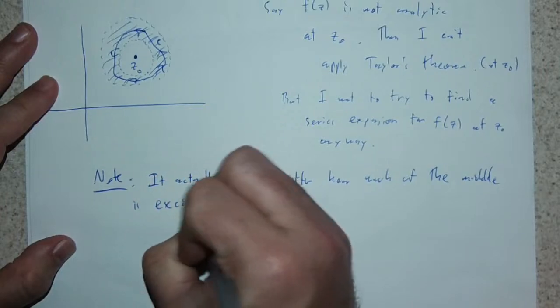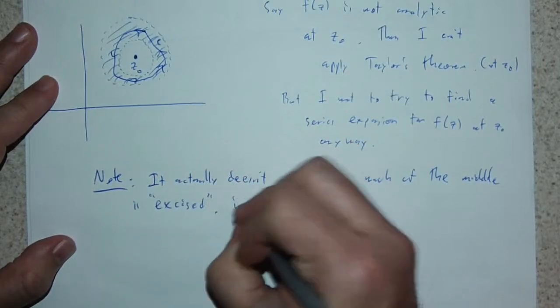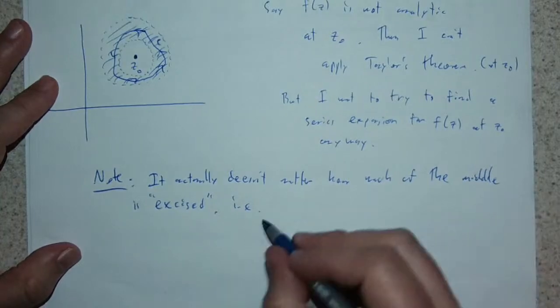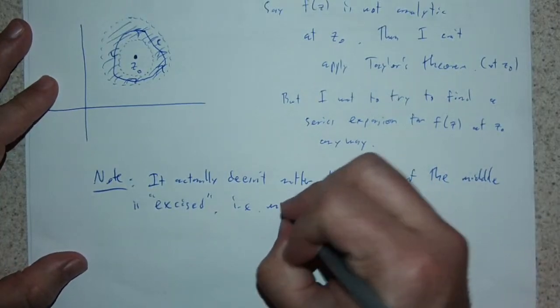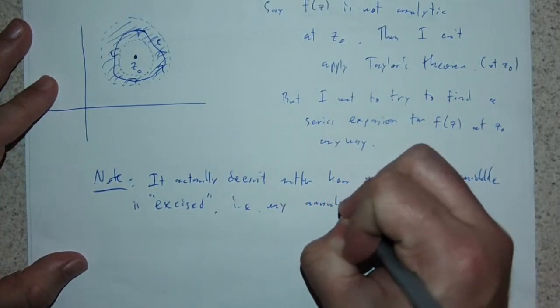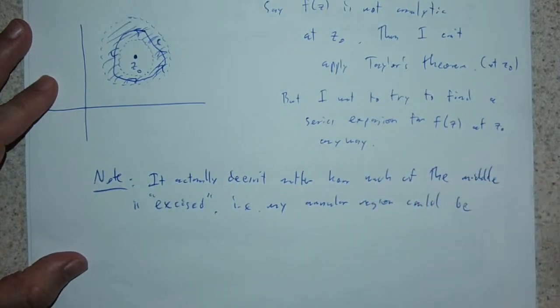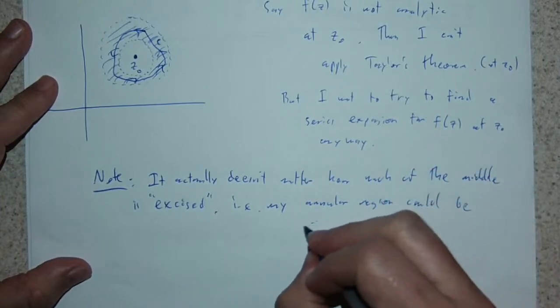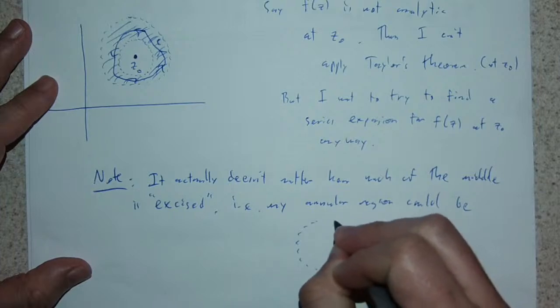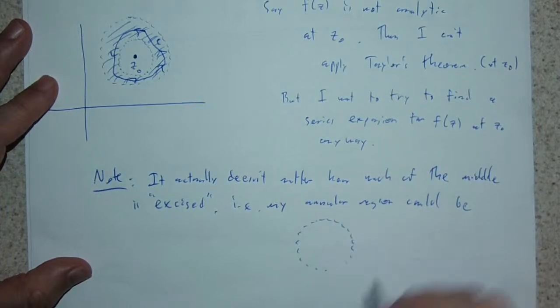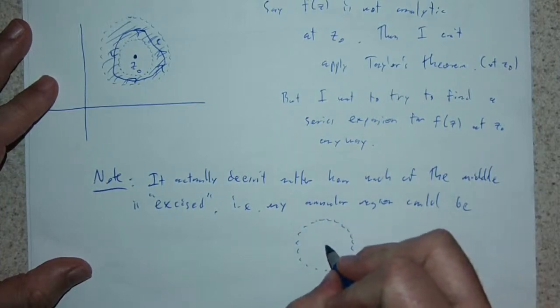That is, my annular region could look like this: here's the outer boundary, and the inner boundary is like this.